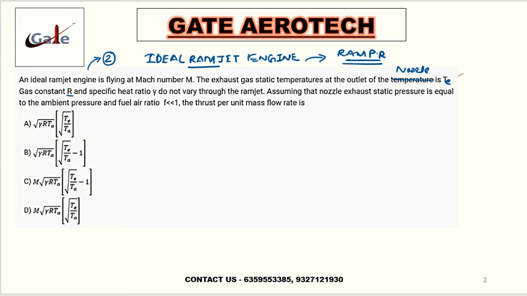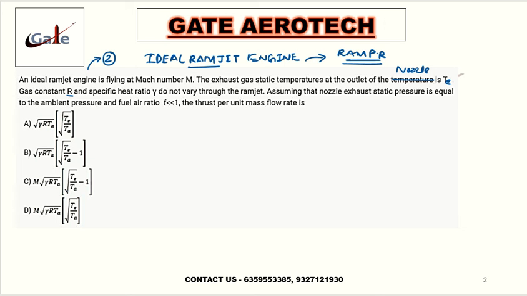You are considering the ideal ramjet engine, and your gamma will not change throughout the engine. Gamma will remain the same. They say it will remain the same throughout because after combustion your gamma becomes 1.33, since after combustion you have gases, right? This is for air. So they are saying don't consider that, simply consider this throughout your engine. I hope you understand.